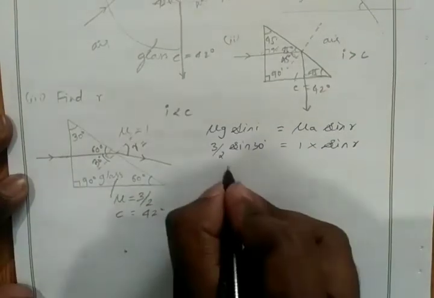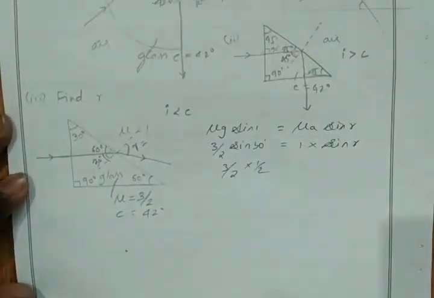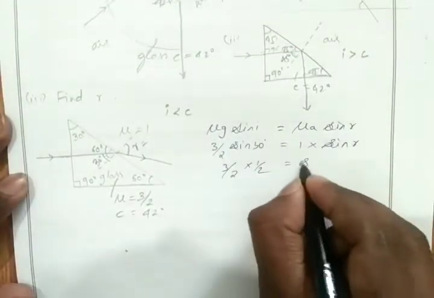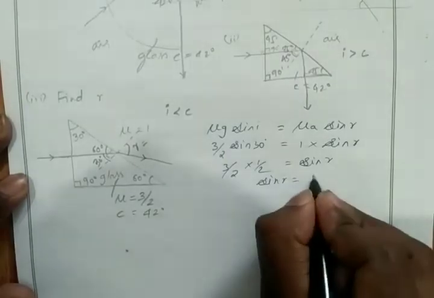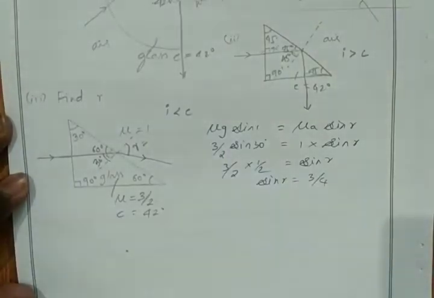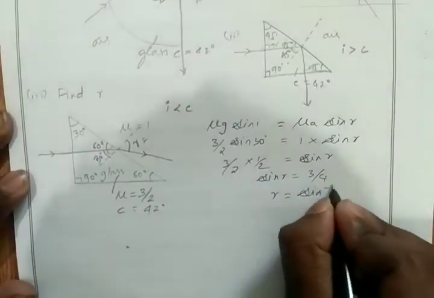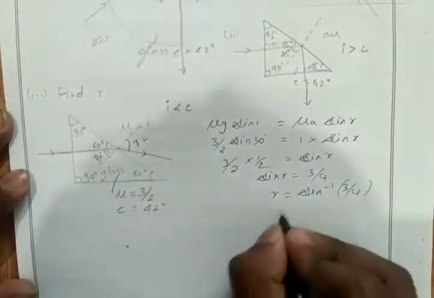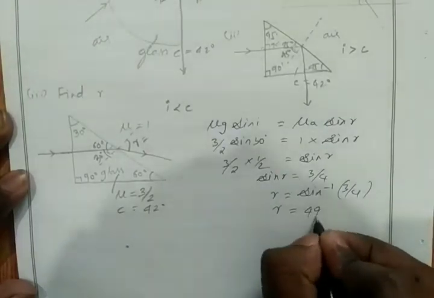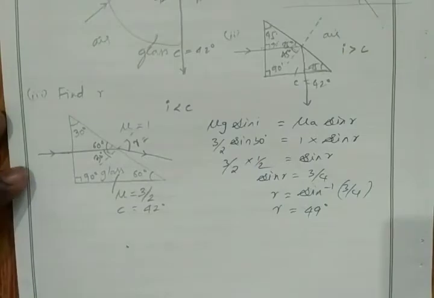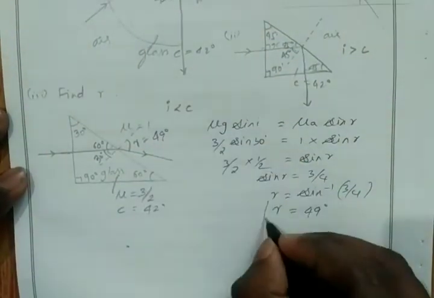Sin 30 degree will be 1/2, equal to sin R. So sin r equal to 3 by 4, then r equal to sin inverse of 3 by 4, which is 49 degree. So refracted angle will be 49 degree.